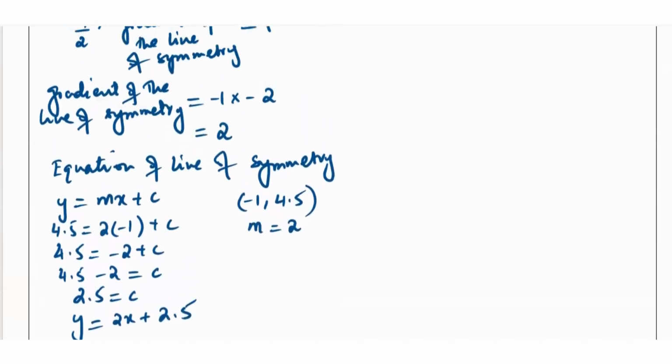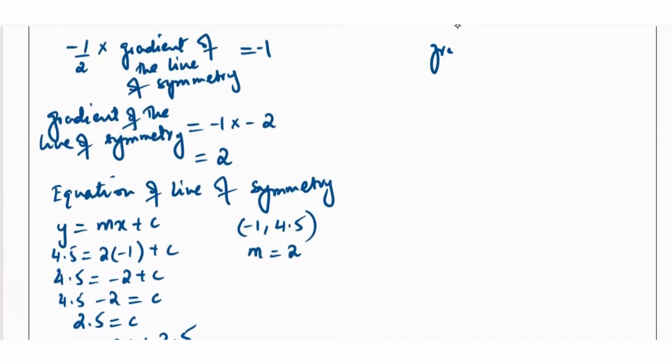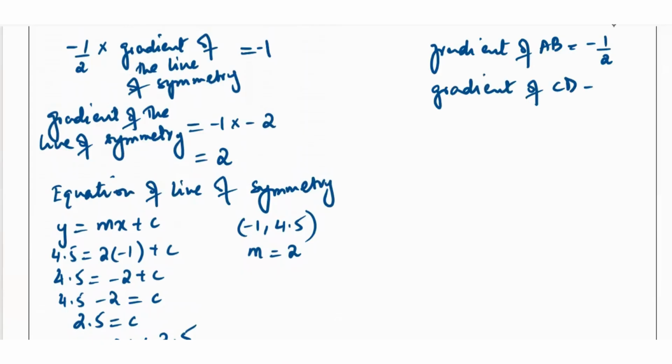So if we now find the gradient of AB is -1/2, hence the gradient of CD is also going to be -1/2 because they are parallel lines.